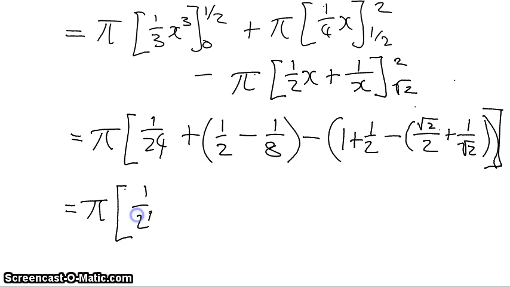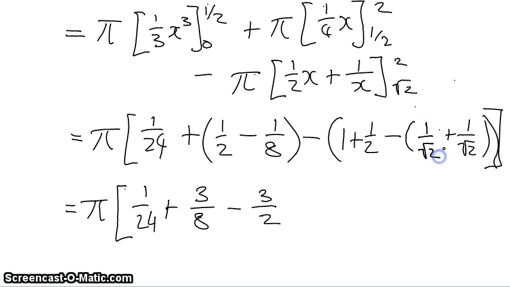This is 1 over 24 plus a half take an eighth, which is 4 eighths minus 1 eighth, so it's going to be 3 eighths, minus 1 plus a half, which is 3 over 2, and then minus, well actually root 2 over 2 is the same thing as 1 over root 2, so this is two sets of 1 over root 2, or 2 over root 2, which is the same thing as the square root of 2 itself. And minus a negative will give me plus square root 2.